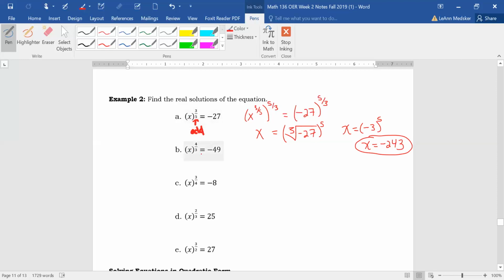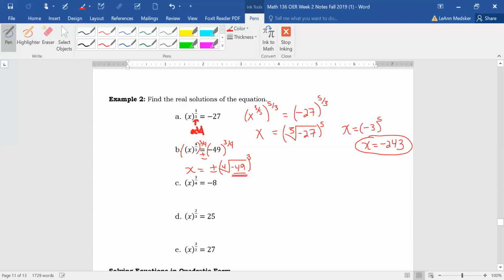So let's talk about the second one here. It starts out with an odd root, so I'm going to go ahead and raise this to the 3/4 power. Now, because I raised it to now an even root, because the 4 is in the bottom, I'm supposed to put a plus or minus in front of that. So what I now have is plus or minus the 4th root of negative 49 cubed. Okay, this is a problem.